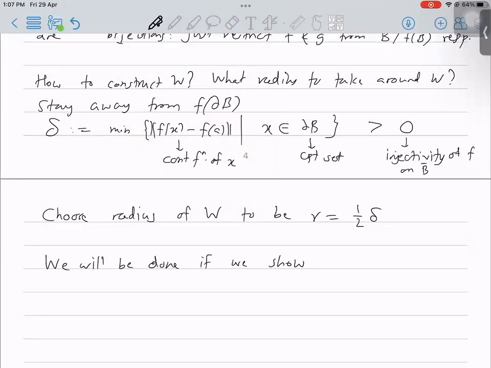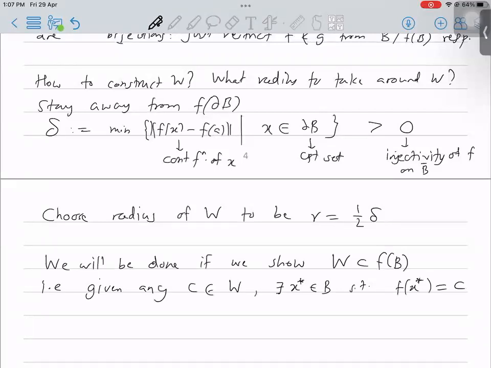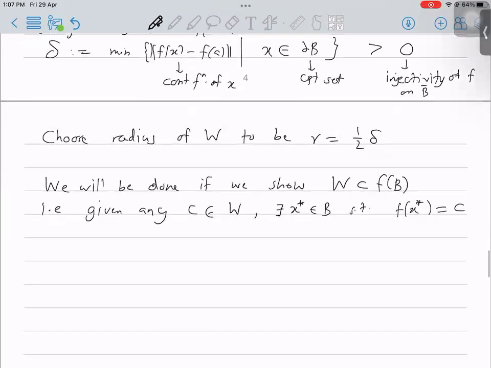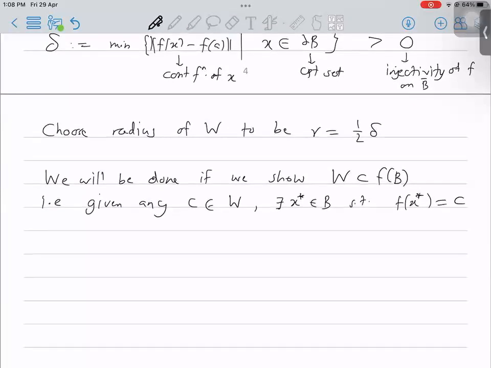if we show that W is inside F of B: given any C in W, there exists X star in B such that F of X star is equal to C. So I'm fixing some C, and my point is to find such X star.